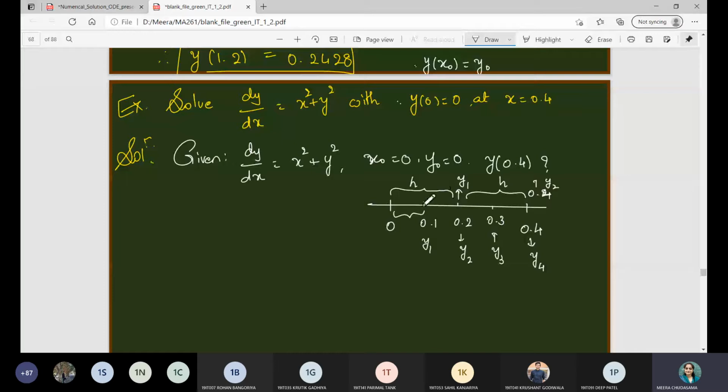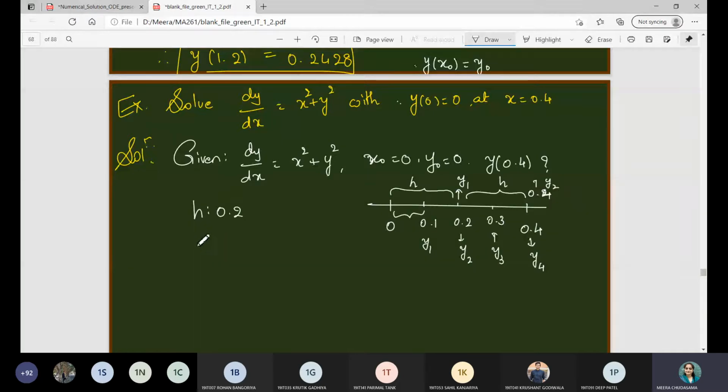But here we will consider the number of iterations as 2, and therefore we will consider the step size h as 0.2. With h as 0.2, h square will be 0.04, h cube will be 0.008, right?